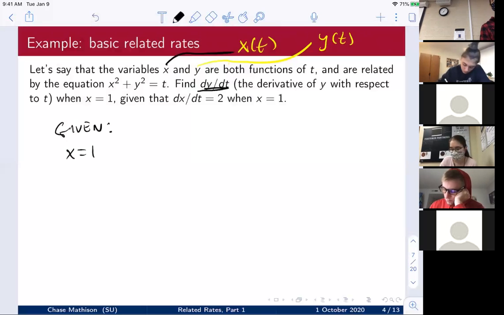What else? Yeah, we're given the derivative of x. We're given dx/dt when x is 1. When x is 1, dx/dt is equal to 2.